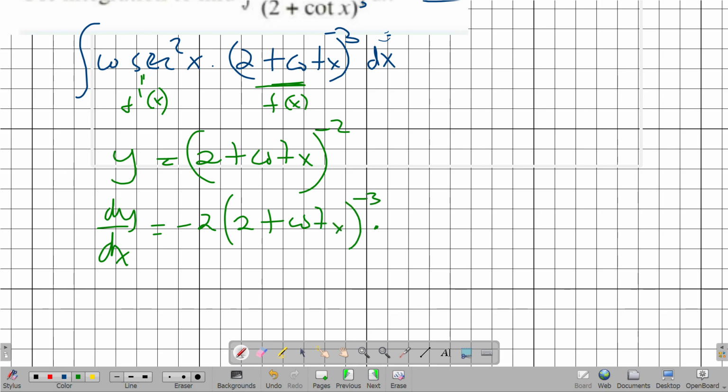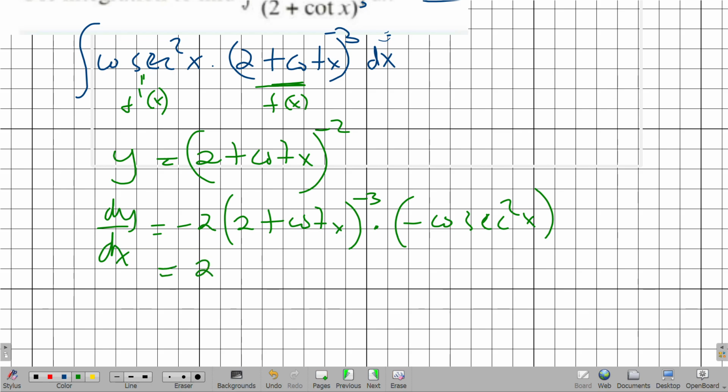Then we differentiate the inside function 2 plus cot x, which is equal to minus cosec squared x. We can now rewrite it in that form. We see that this is the same as saying negative and negative cancel each other. 2 cosec squared x over 2 plus cot x to the power of 3.